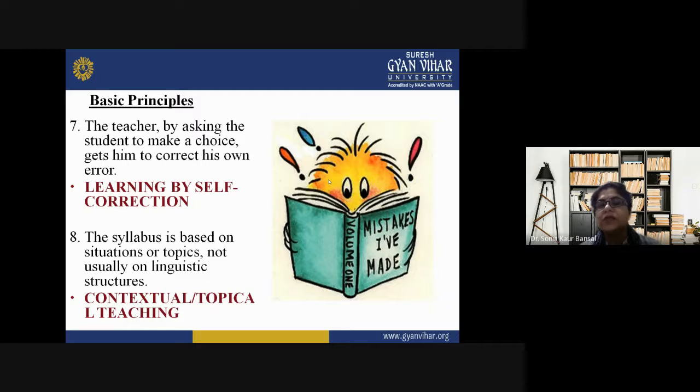The syllabus is set in such a way that more and more situations are given in the classroom of the target language. Only then you have understood in the situational approach that when we are providing situations to the students, they are becoming more eligible to understand. They are actually making themselves more efficient in that particular target language.